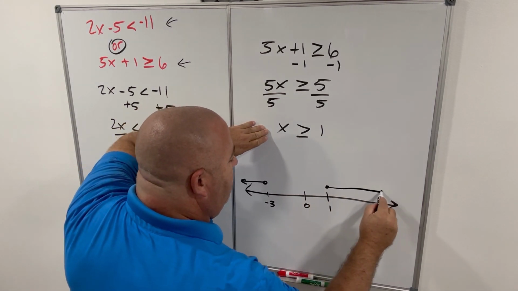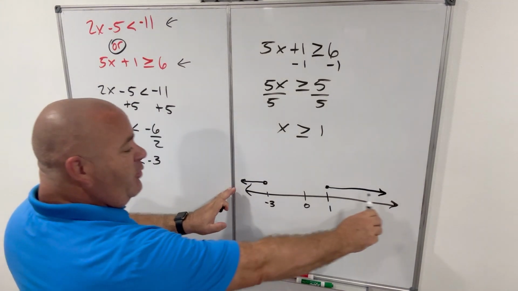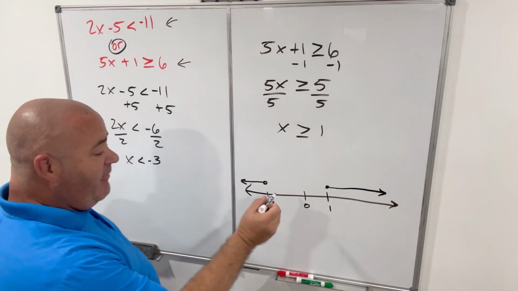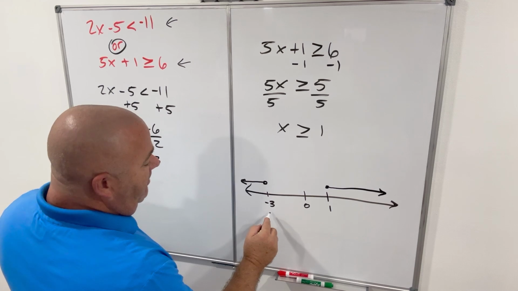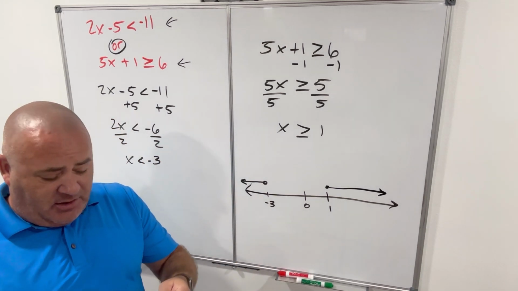We want all values of x equal to or greater than 1. So our graph would look like this, where we have everything except for those numbers between negative 3 and up to, but not including 1.